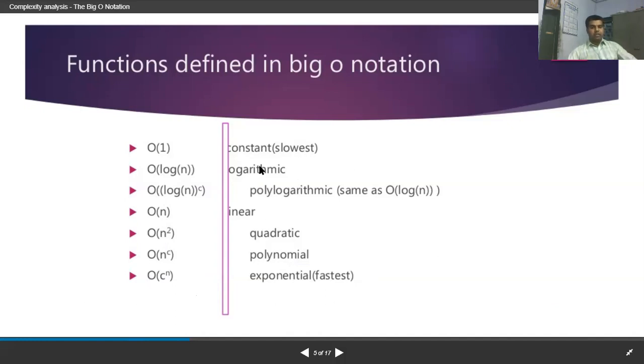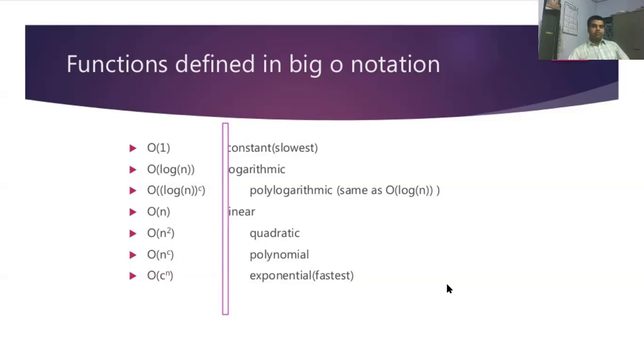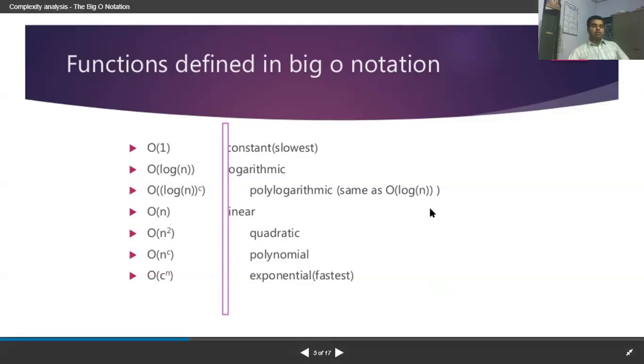The functionality comes in the next part, how these notations are actually used to measure the complexity of the algorithm. O of 1 is constant, which means slowest. This is considered to be the slowest algorithm measurement scale. It is something like the example I just showed you, 2 plus 2 plus 2 plus 2, multiple addition.